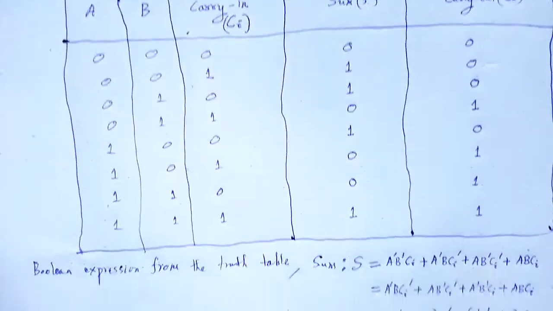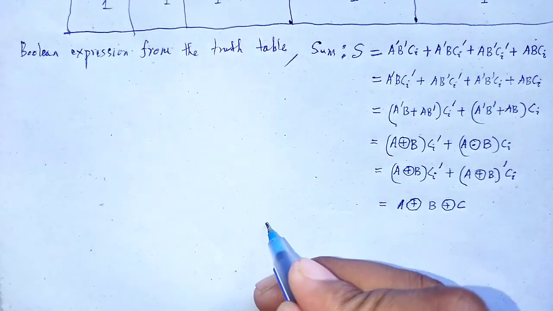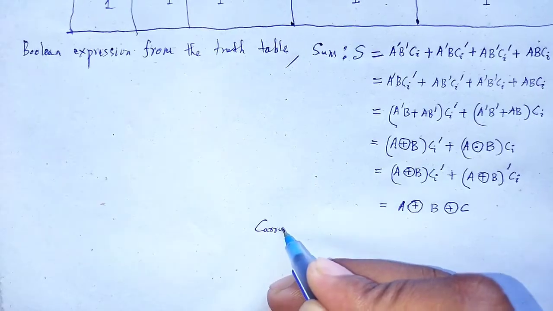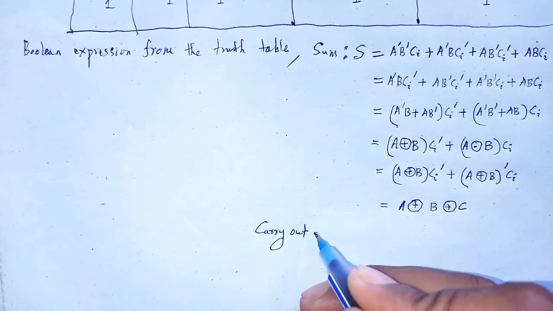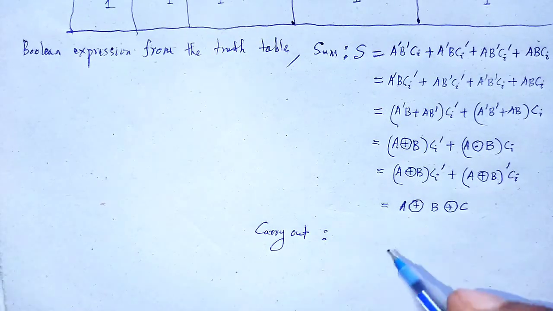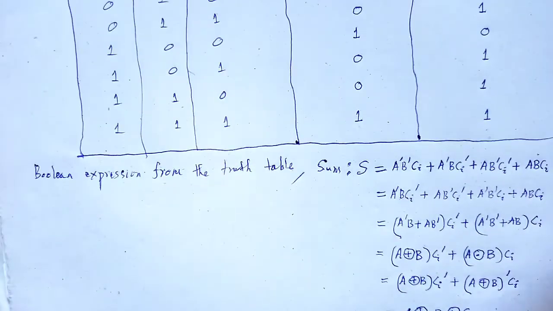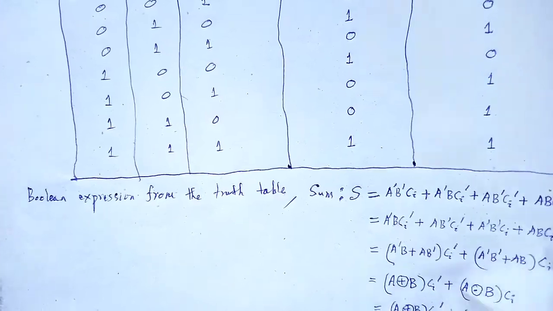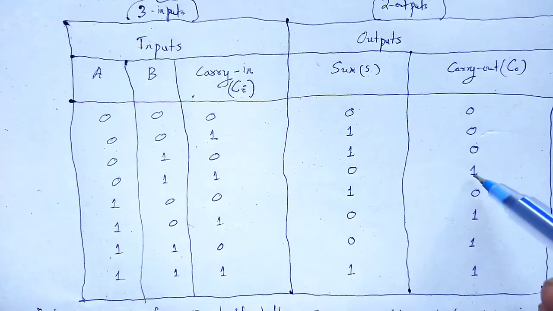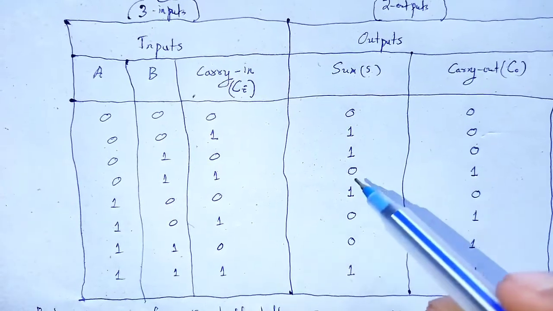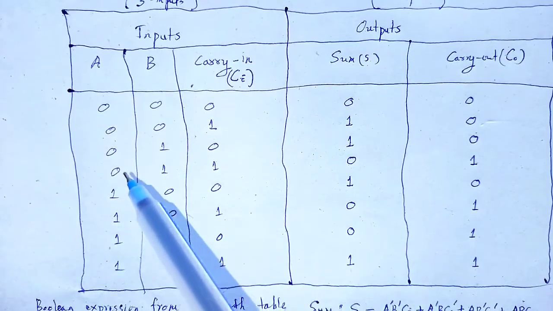Next for carry out, that is CO. Look at the truth table. Here we have 1 where the inputs are 0 1 1.